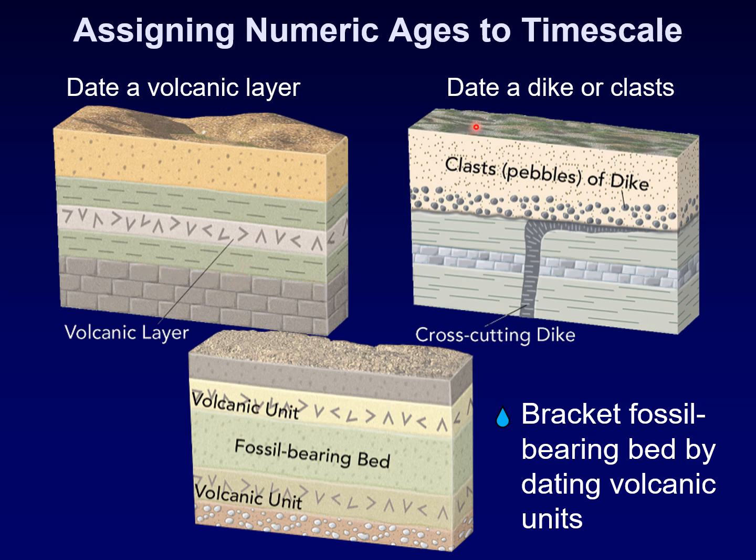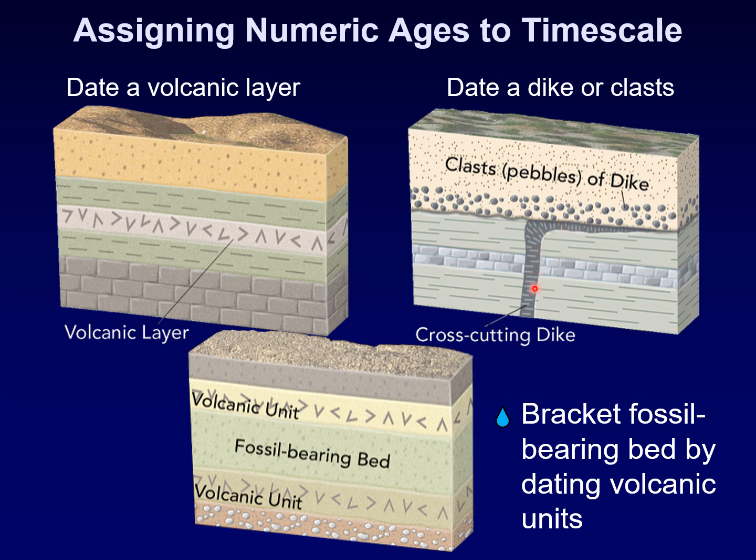We can also use it to date a dike or a clast. So if we've got a dike here, we can't get age dates from anything that it intruded into, similar to what I talked about over here with the mudstone, but that dike cross-cuts lots of things, and that dike has minerals in it that we can age date because that dike cooled at a certain time as it was cross-cutting through these units.